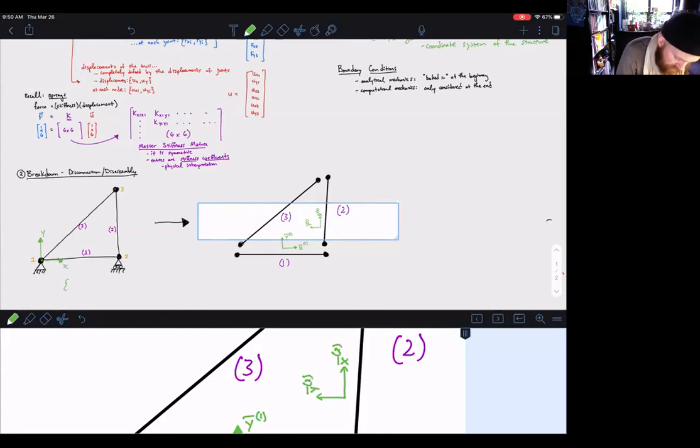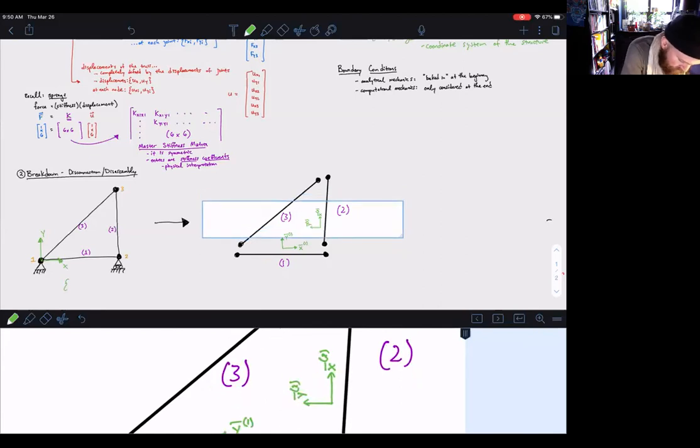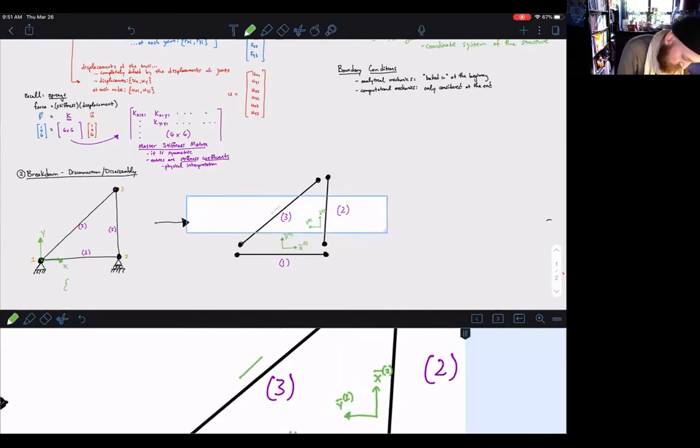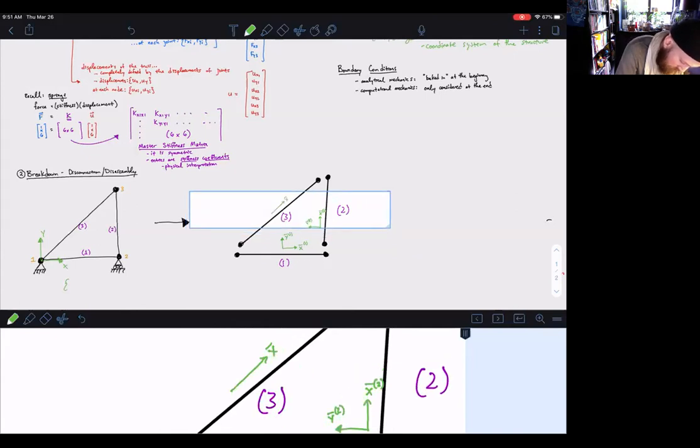It's probably annoying to read that sideways, isn't it? Hold on. We'll do that again. x bar 2, y bar 2. And now over here, we're going to have x bar 3, y bar 3.